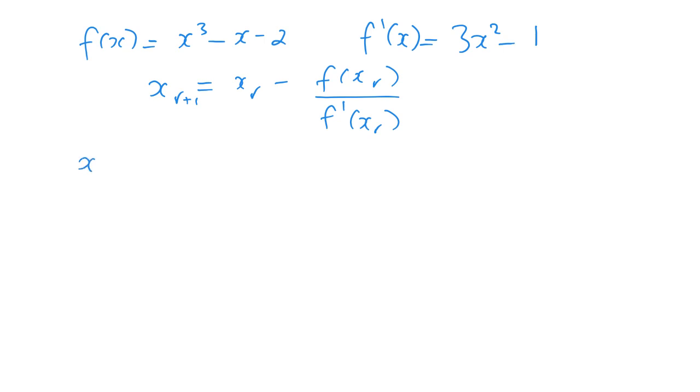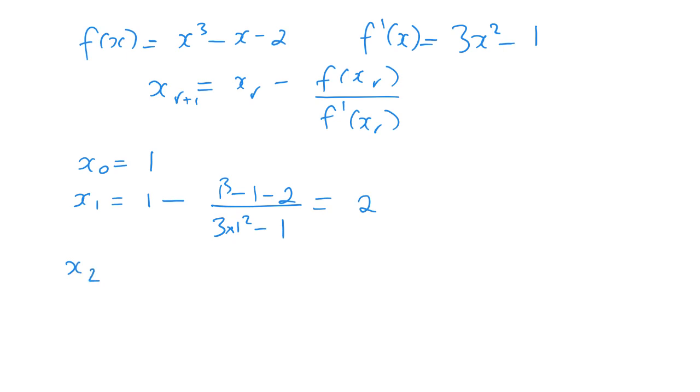Okay, so our first approximation, we said it was between 1 and 2, so our first approximation is 1. So that means our next approximation is going to be 1 minus, and now we put 1 into x cubed minus x minus 2, so 1 cubed minus 1 minus 2 over 3 times 1 squared minus 1, and it turns out to be 2.